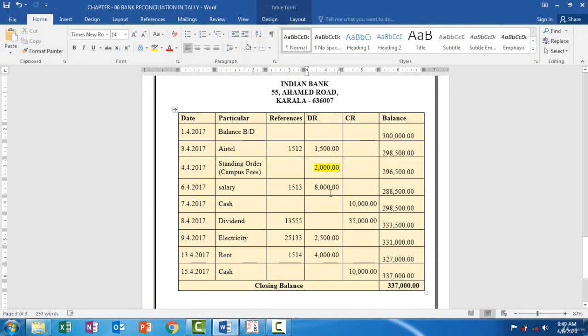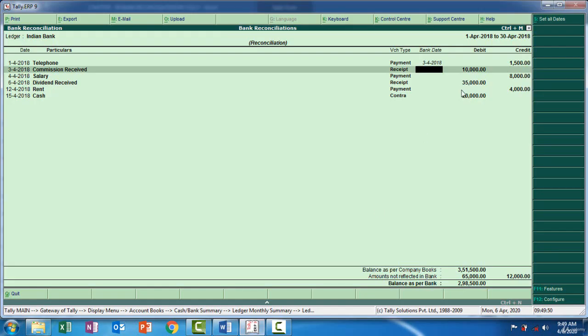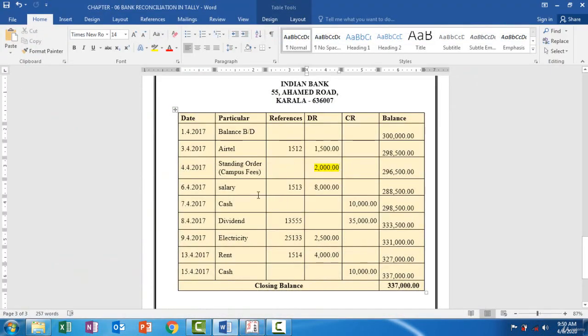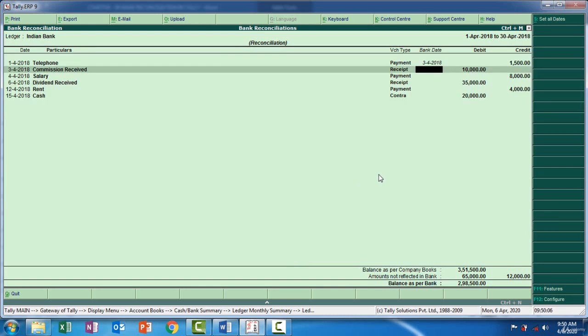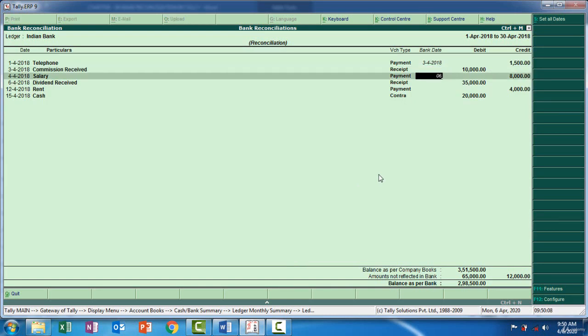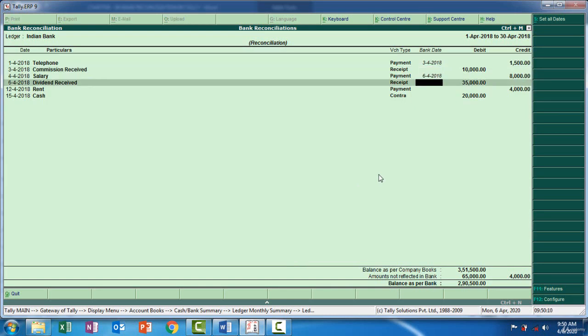Okay, the third one is 8,000, a salary. I'm going to check here: 8,000 is the salary payment. We gave the cheque on April 4, but it was actually collected from the bank on 6th April. So I'm going to put 6th April as the date they got the payment.